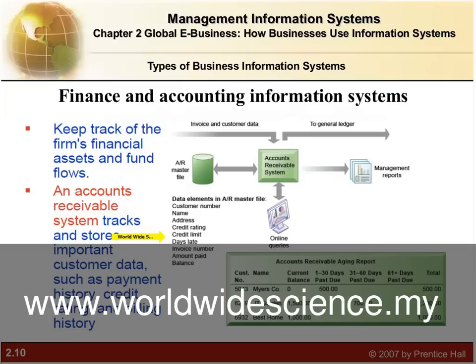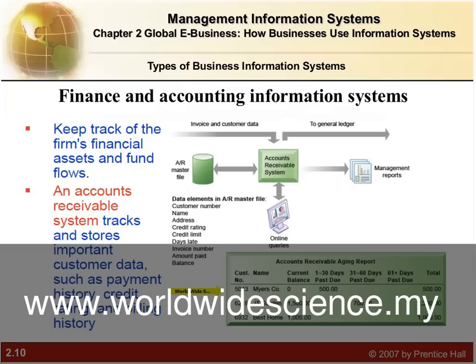So the finance and accounting information system is another functional system. An account receivable system tracks and stores important customer data such as payment history, credit rating, and billing history. This is an example of the finance and accounting information system.